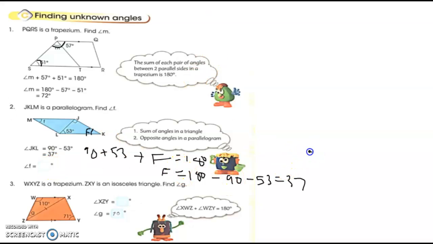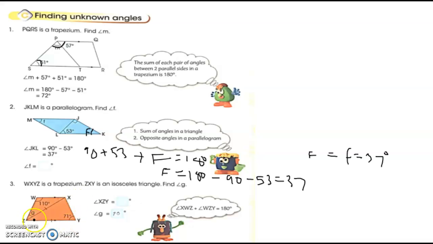So we know that capital F we found is 37, which is equal to small f, because opposite angles in a parallelogram are equal. Now this is a trapezium, and this is an isosceles ZXY.